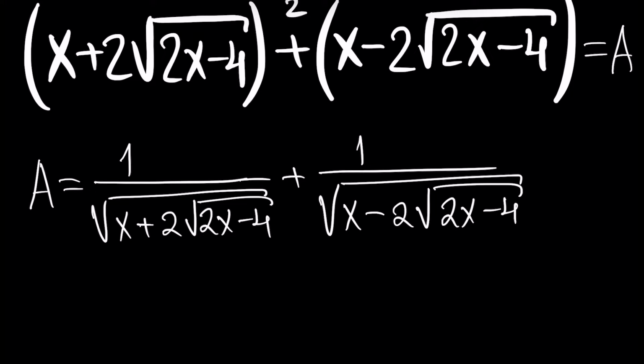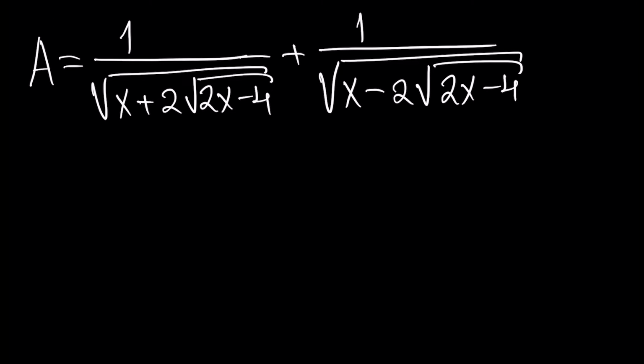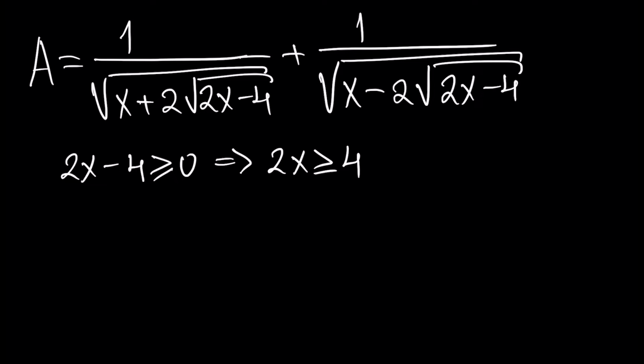Next, when we write our problem in this form, it's easy to see the values of x where our expression exists. First of all, we have to say that 2x minus 4 must be greater or equal to 0. It means that 2x must be greater or equal to 4, or x must be greater or equal to 2.